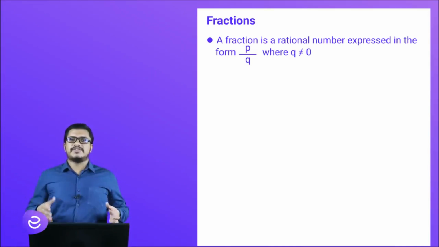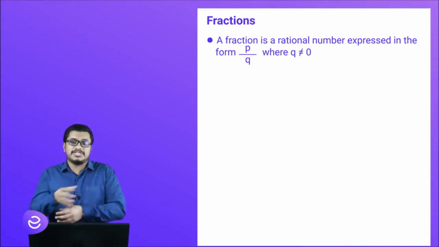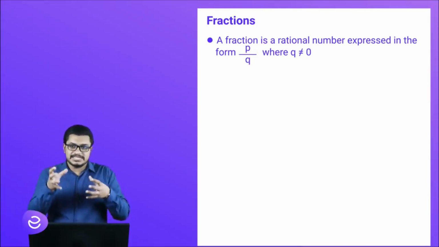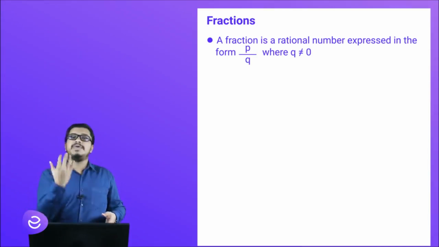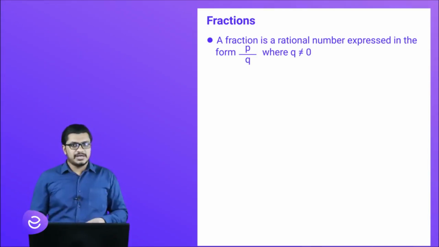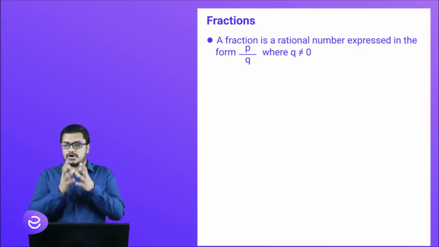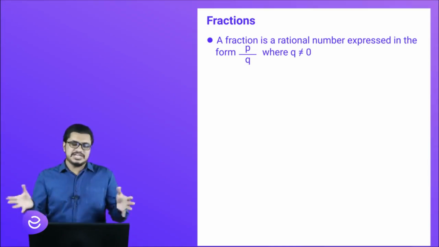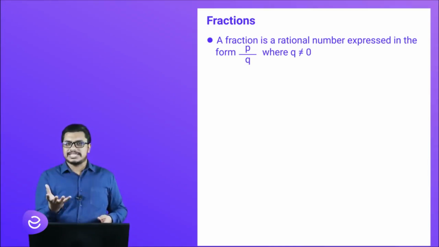Any number written in a fraction form, like 1 by 2 or 2 by 4, 36 by 24, 85 by 68, any number written in a division form p by q is called a fraction, but the only condition is that q should not be 0.